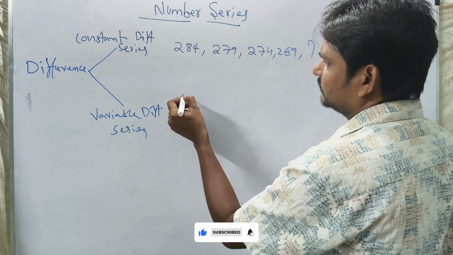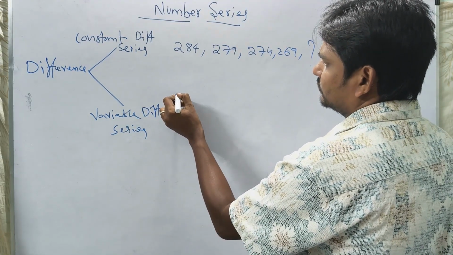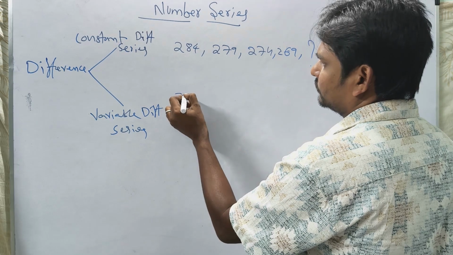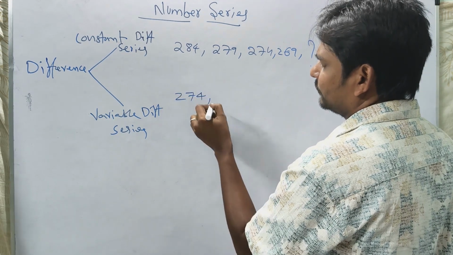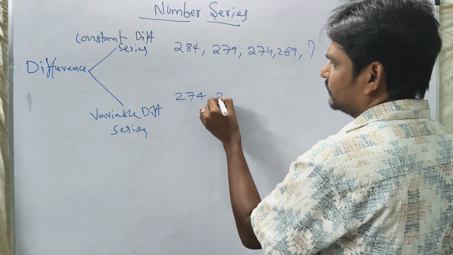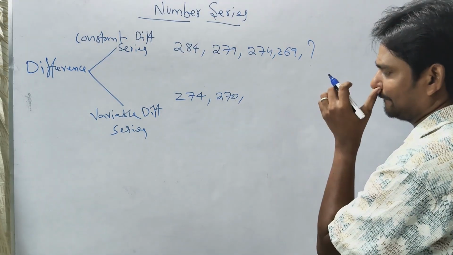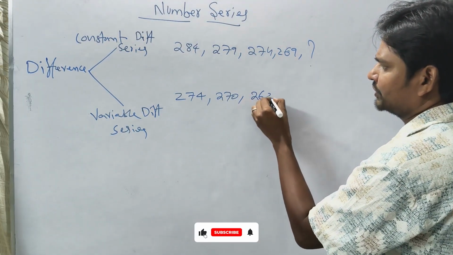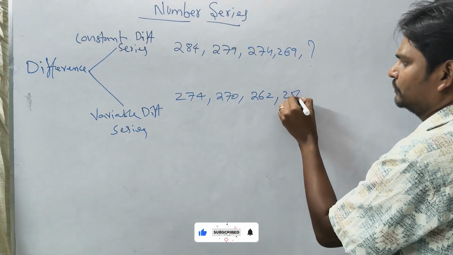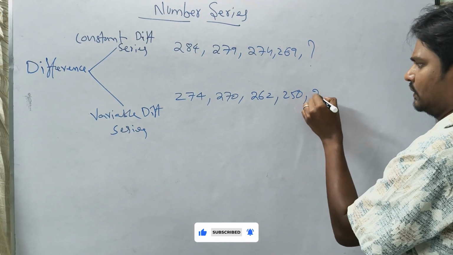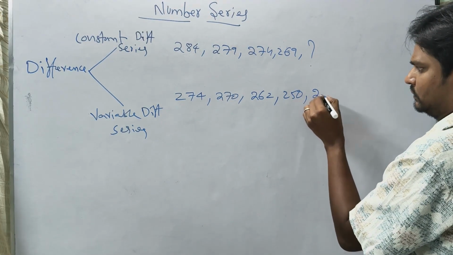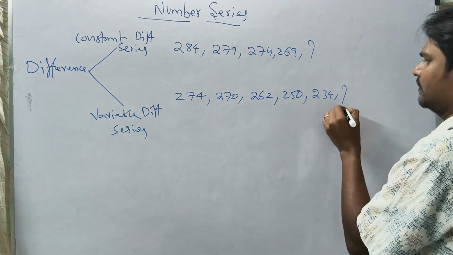See here, 274, 270, 262, 250, 234, what next?